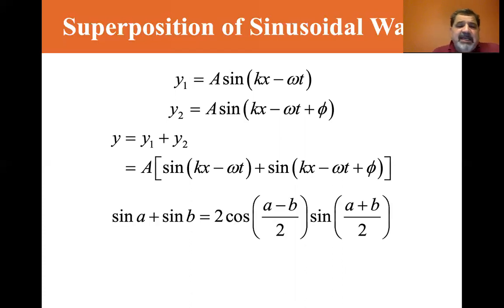And we use an identity, sine a plus sine b equals 2 cosine of a minus b over 2, sine of a plus b over 2.